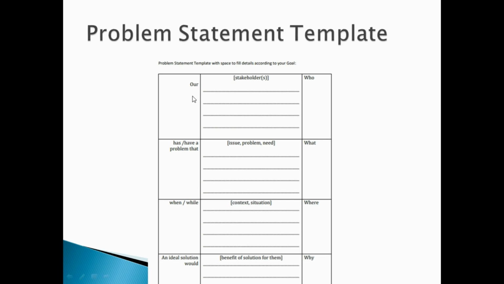So consider our stakeholders, for example, our farmers have a particular problem. That is nothing but the what phase. When they are irrigating the fields, here the where is included. And finally, the ideal solution would benefit them to solve the problem in such a way. That is why the why canvas is included here.